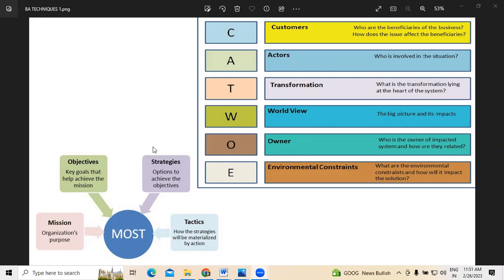This is what the CATWOE technique generally is. It means customers, actors, transformation process, worldview, owner, and environmental constraints. So this is a technique. PESTEL is a technique for external factors, SWOT analysis for self-assessment, MOST technique will be used for internal factors, and CATWOE is a technique used to identify the impact of the changes happening in any business process.